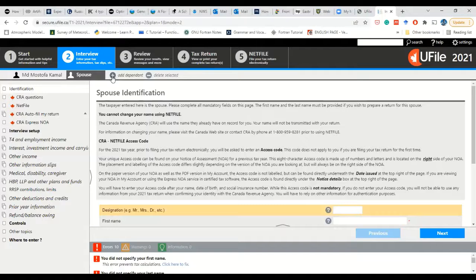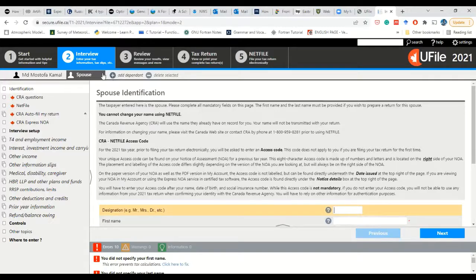And if you have 1 or 2 more kids, you can click multiple times, depending on the number of your dependents. Let's say your parent is living with you as well, who is a dependent of yours. In that case also you can create a form for your parents.